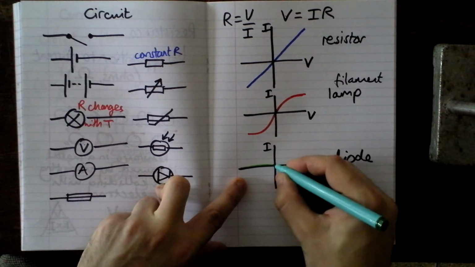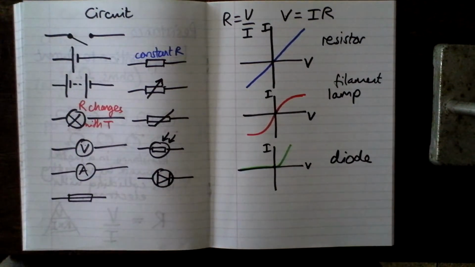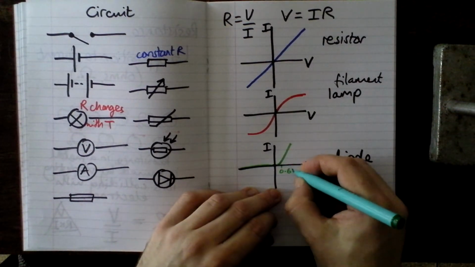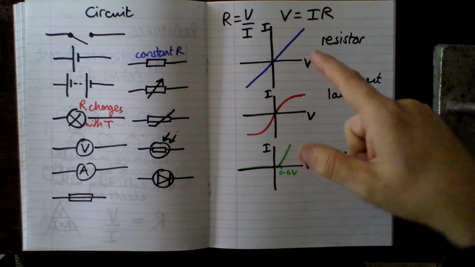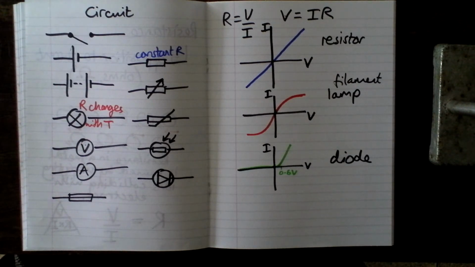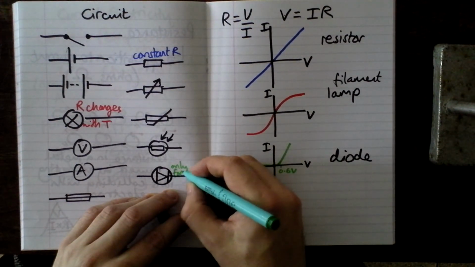But as soon as you allow the voltage to push in the right direction, you'll see that this is a very good conductor. About 0.6 volts tends to be that point where suddenly a diode will allow current through. And this is a great way of making sure that electricity only flows in the direction that we want. We call these current voltage graphs, and you need to know these three shapes for those three components. Diode only allows forwards current.